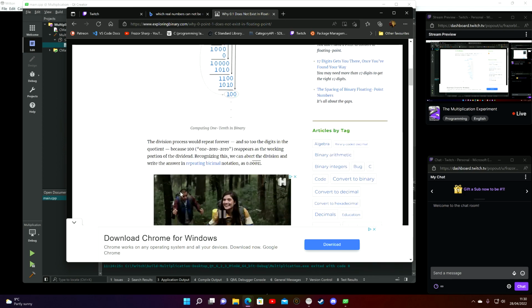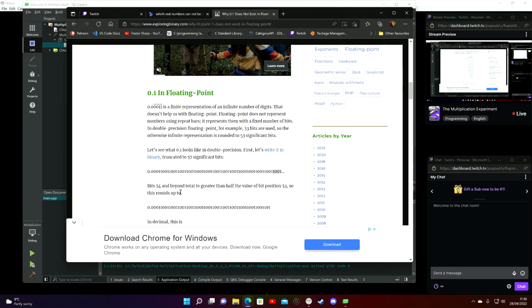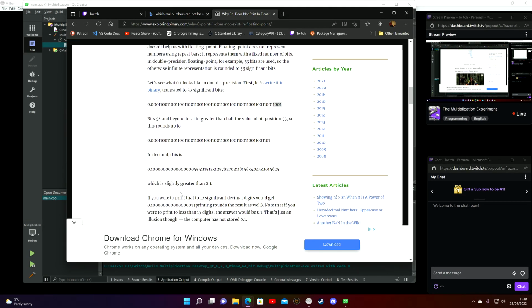Yeah, they're dropping it down, looking at it all. So they are keeping this... I don't know how to do all of this maths. 0.1 in decimal. So if you take that and put it into decimal, you get that. It's too many.